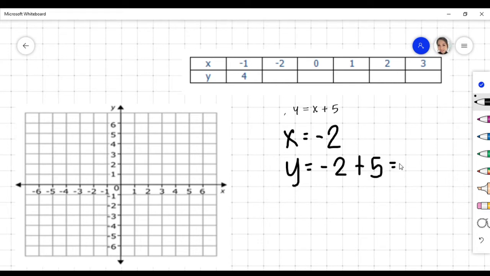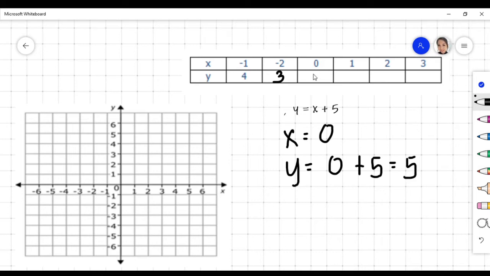So the answer is +3. Now if let's say x is 0, you will just replace our x here with 0. So that is 0 plus 5. Our y is 5.